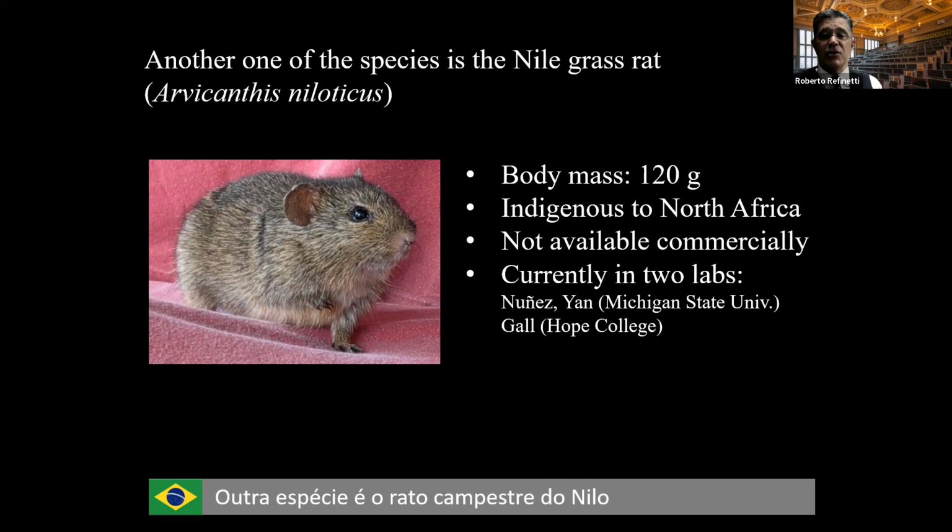They're indigenous to North Africa. They're not available commercially. Currently, I know there are at least 2 labs that have them. At Michigan State University, Professors Nunez and Yan have the Nile grass rat, and Andy Gall at Hope College also has Nile grass rats.